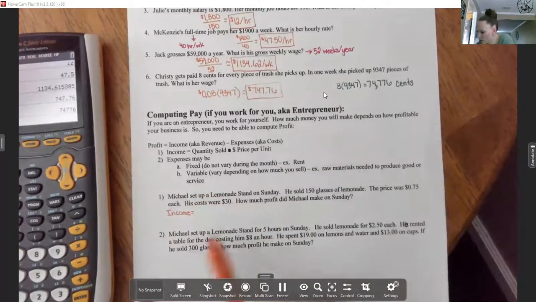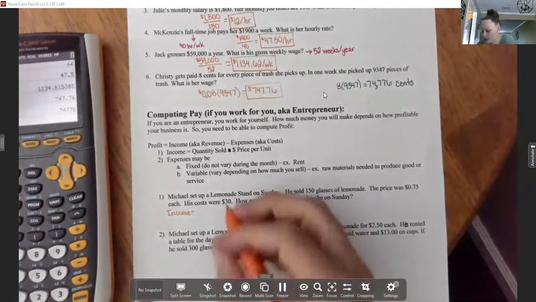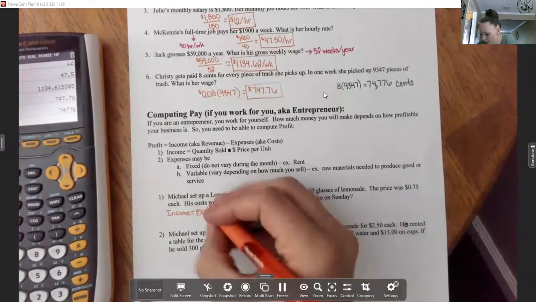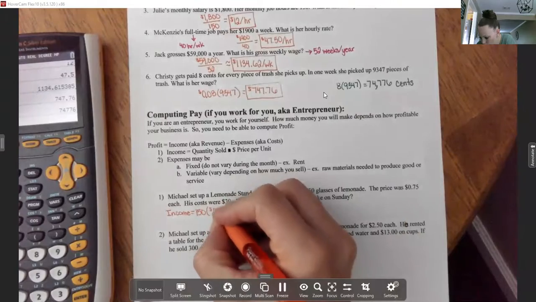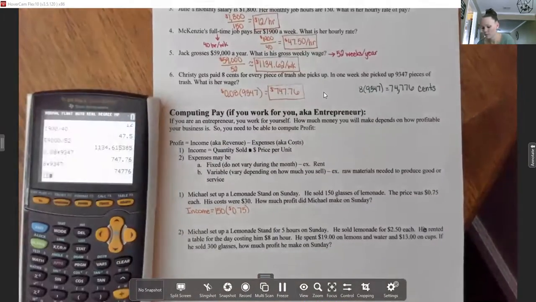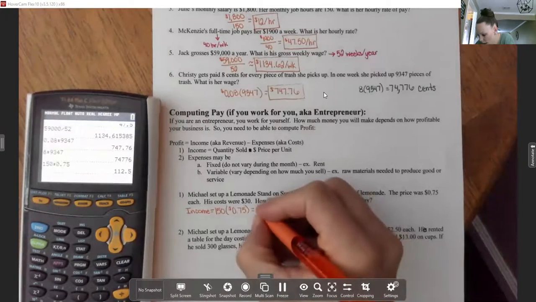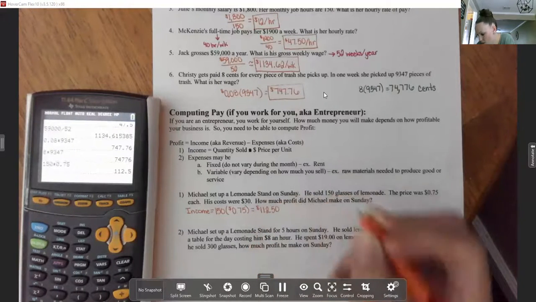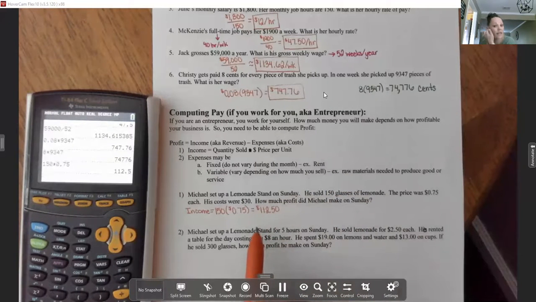So quantity sold. He sold 150 glasses of lemonade, and they were 75 cents each. So again, don't write that as just a 0.5. That needs to be 50 cents. So $112.50. That's how much money he brought in. But his costs were $30.